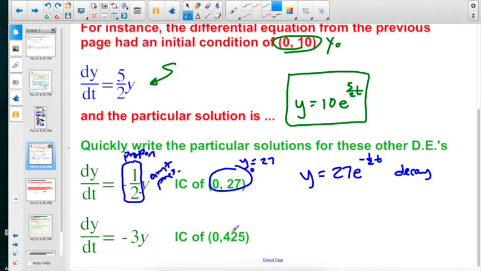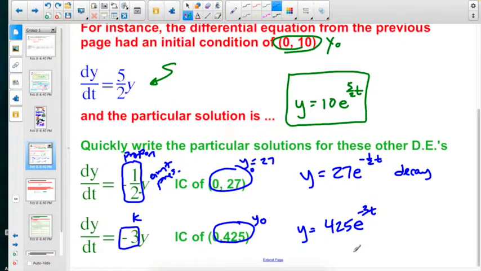Likewise, again picking out the proportionality constant here, again it's negative, we have a decay, and here's our initial value. So with these really basic exponential growth and decay problems, we should be able to pick out those two values and write it without doing any calculus whatsoever. And so this is kind of more of a pre-calculus approach.